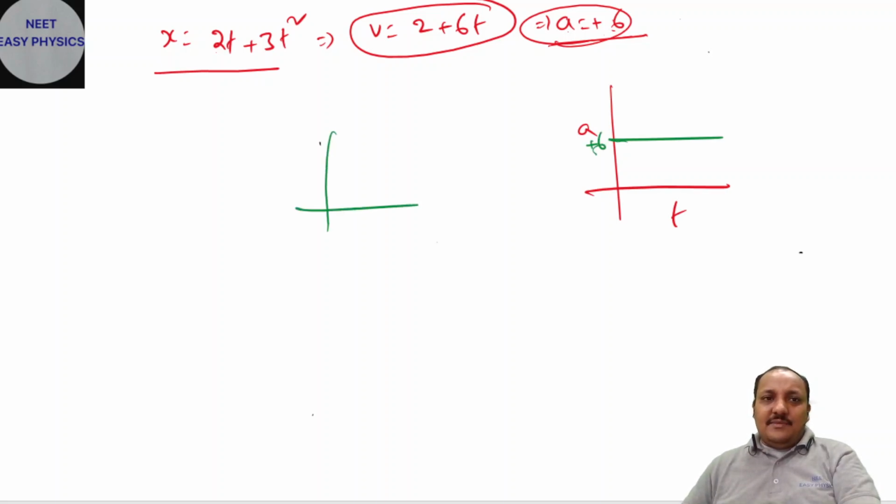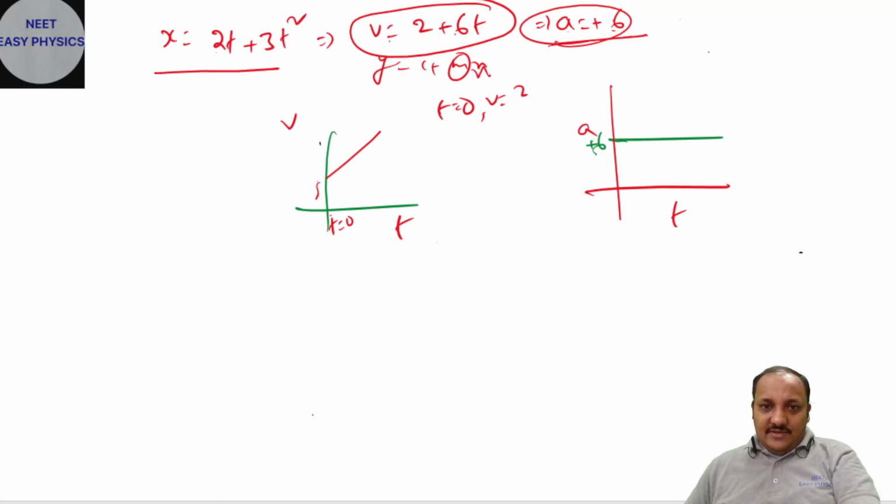How is the velocity time graph now? The velocity time graph means y is equal to c plus mx. Positive slope. Therefore, at t is equal to 0, what is v? So it will be coming from here. At t is equal to 0, this is time, this is velocity.